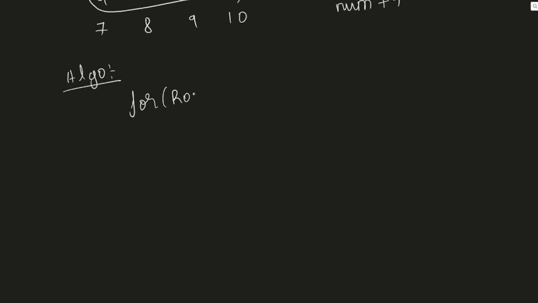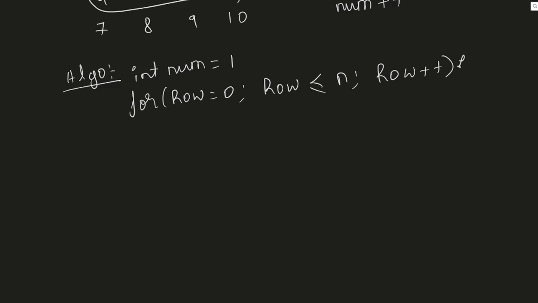Row starts from 0. As I've mentioned, we need a dummy variable starting from 1. Row goes till n, row plus plus. Column starts from 0, goes till the value of row, column plus plus.